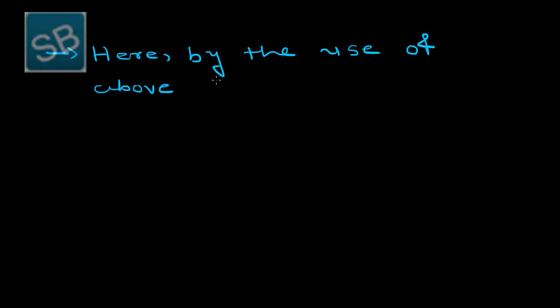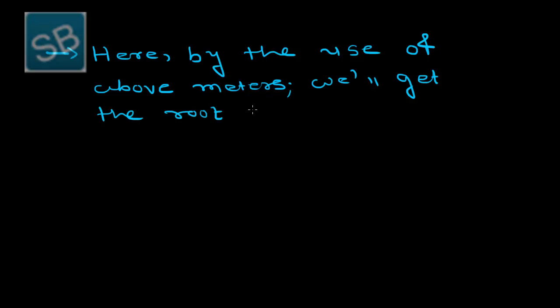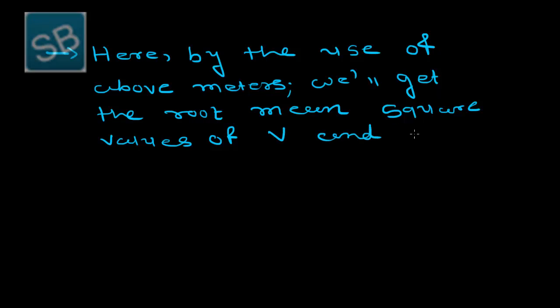So by the use of the above meters, we will get the root mean square values of voltage V and current I. Root mean square stands for RMS values.